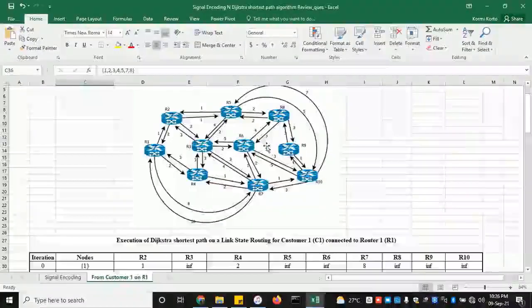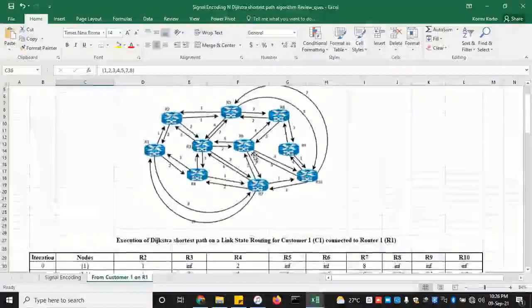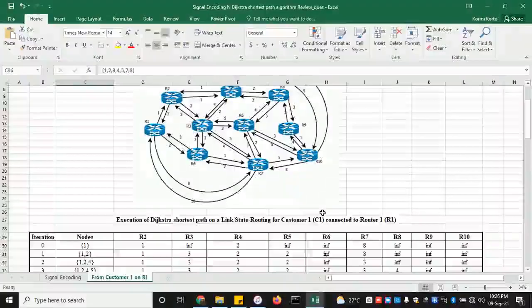And then you have from 1 to 2 to 3 to 6, which is 1 plus 2, 3, 3 plus 2 is 5. It's still 5. And then what about from this direction? You have 2 plus 1 is 3, 3 plus 1 is 4. There you go.